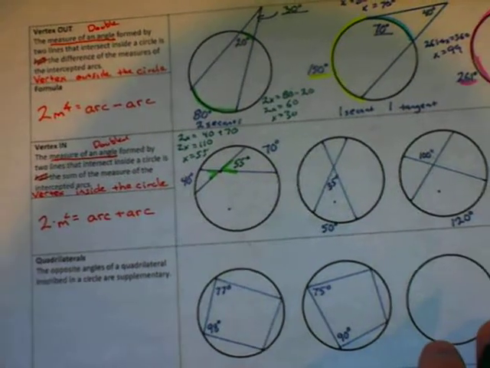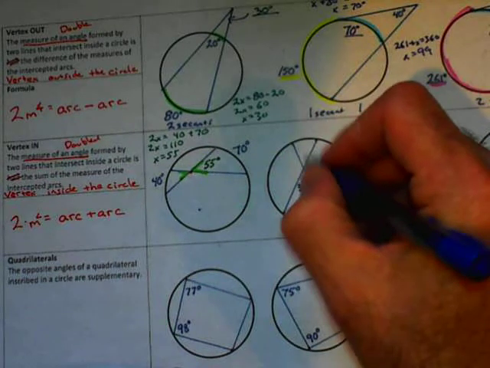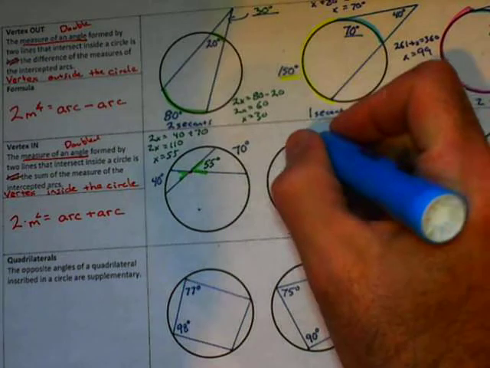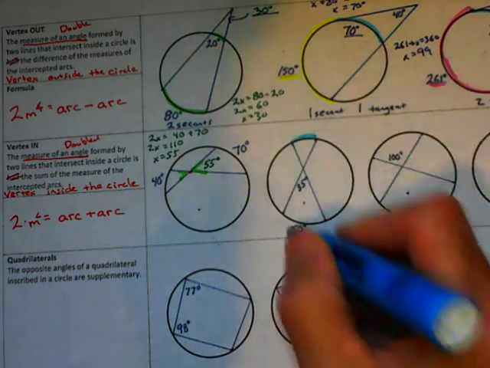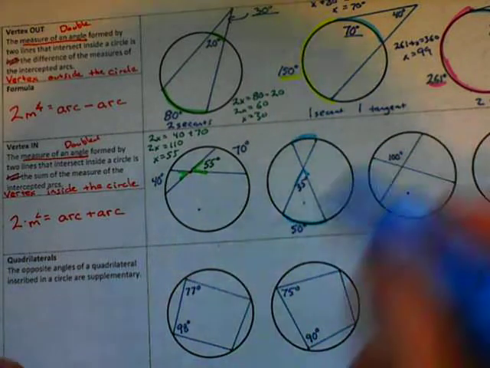Here on the next example we have both of these are 35 degrees. We're looking for the measurement of this arc right here. We were given this arc, and we know this angle measure that's intercepting those two.